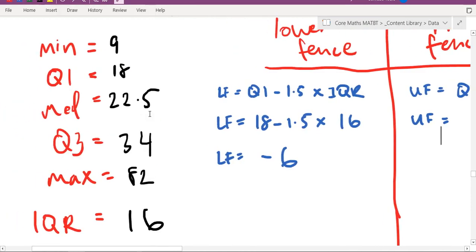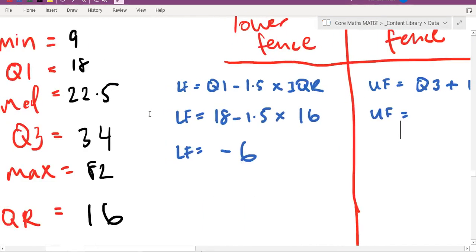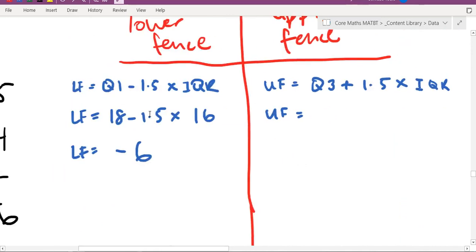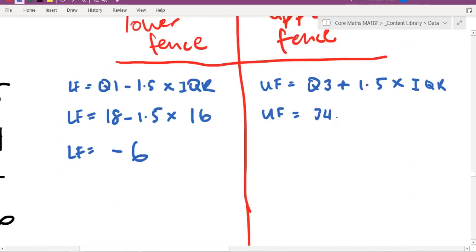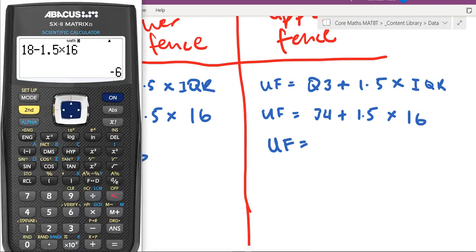So the upper fence is going to be Q3, which is 34, plus 1.5 times an IQR of 16. Use the same IQR. Putting that in your calculator, 34 plus 1.5 times IQR is 58.